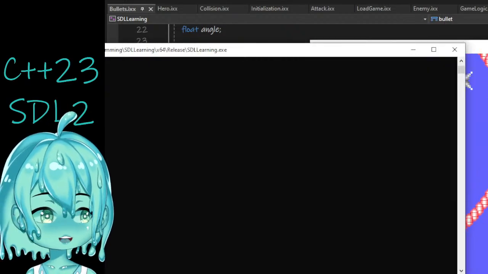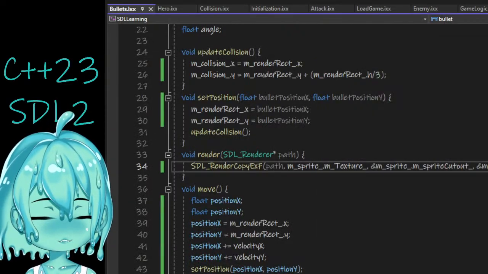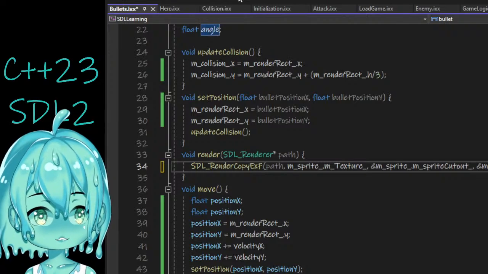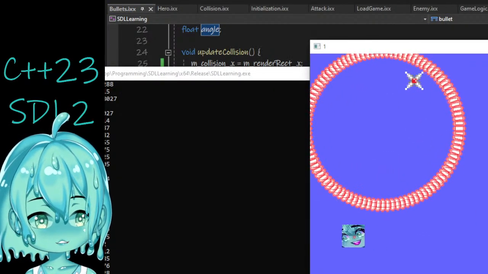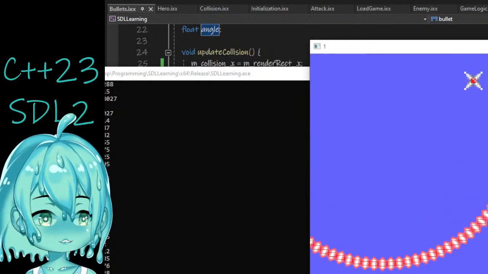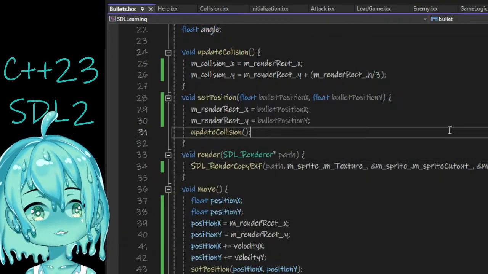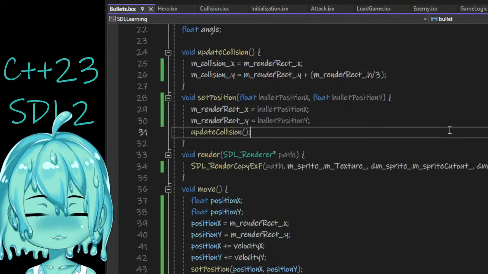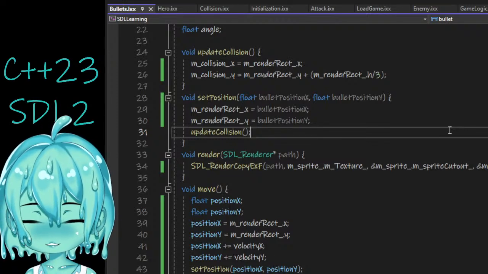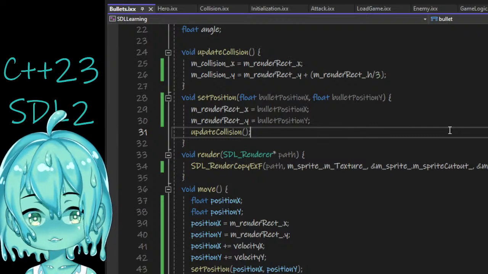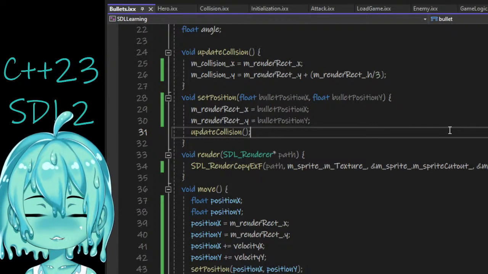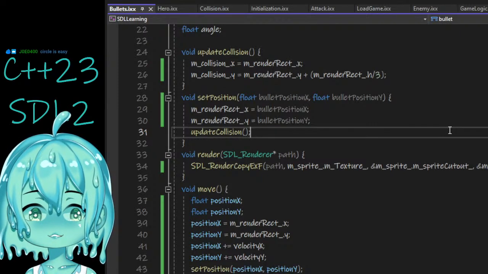That's the only time the angle gets applied, in the render, and that's how all of them rotate. So is there no way to just rotate the collision box? Oh, but it doesn't matter because our collision engine currently only... Oh God, that's so complicated.